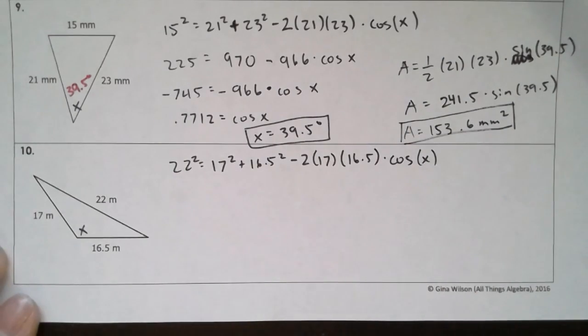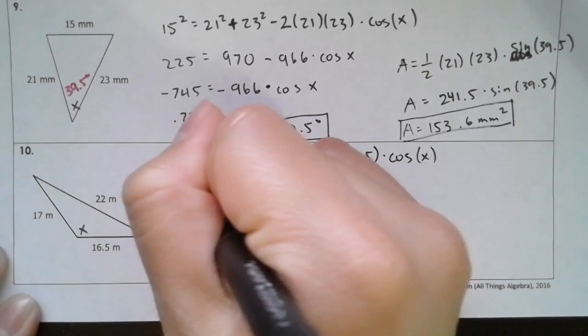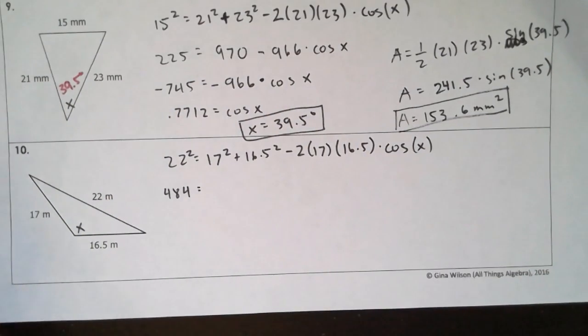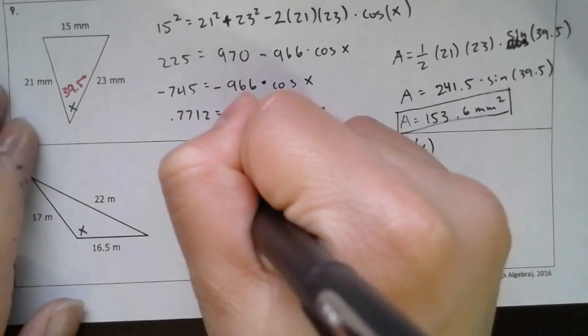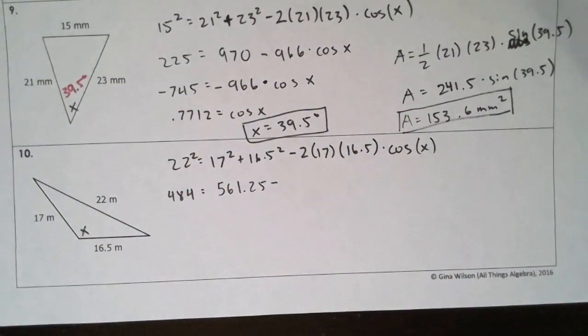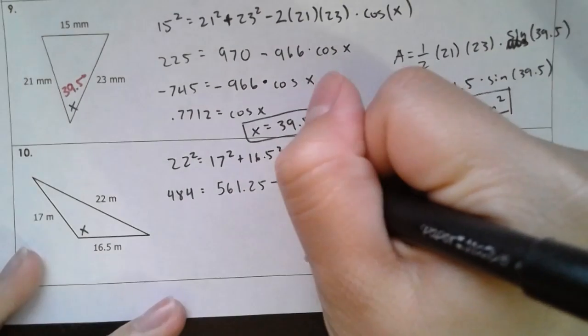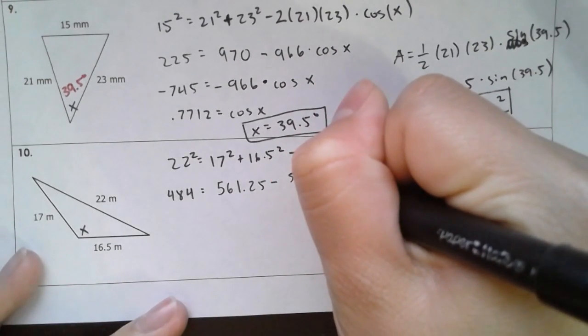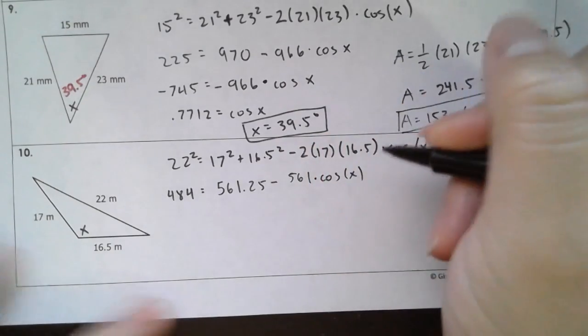22 squared is 484. That's equal to 17 squared plus 16.5 squared. You're going to get 561.25 minus 2 times 17 times 16.5. You're going to get 561 times cosine of x.